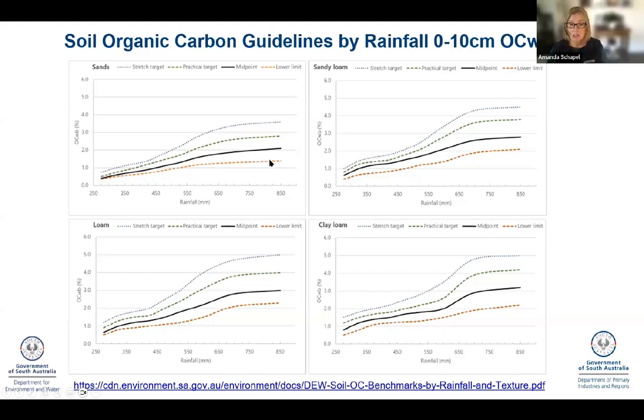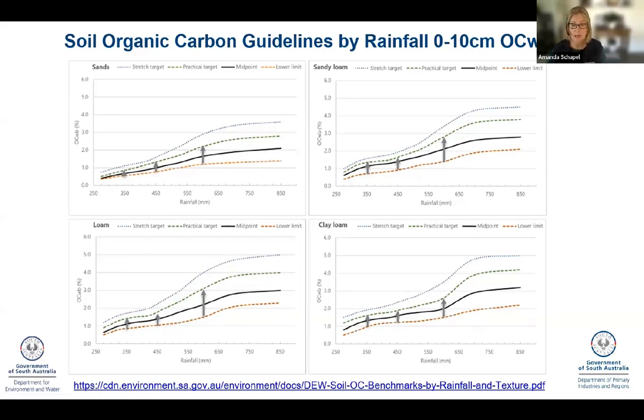Generally, you can see with increasing rainfall, we get increasing carbon. That's a no-brainer. We just know that that happens. What we do see when we're looking at this opportunity, the difference between that lower and that practical target, is that at lower rainfall we have less opportunity, particularly in some soil types such as sands, compared to things like the sandy loams. There's a smaller opportunity to increase carbon.